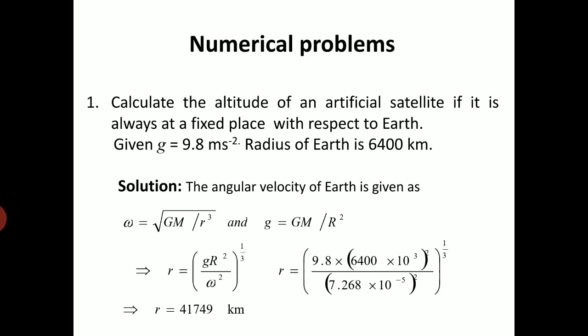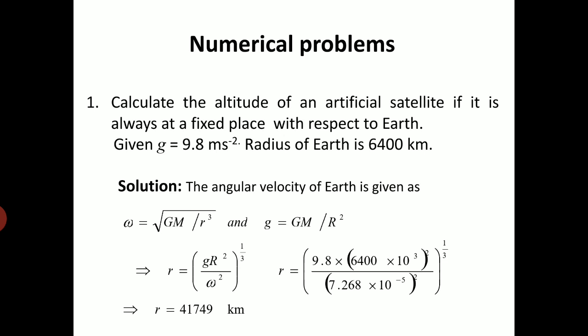Substitute this GM value in the angular velocity equation and rearrange. We get the r value, small r, equal to small g capital R square divided by omega square, to the power of 1 over 3.